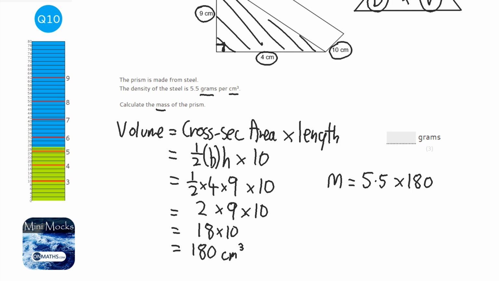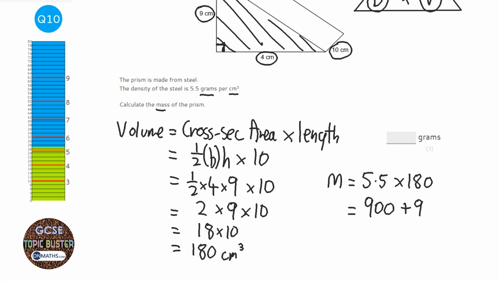So if I have a calculator, I can just type that in. Otherwise I could do 10 times 180, which is 1,800, then halve it, which is going to be 900, and then half times 180, which is 90. So that's 990. So the answer is 990 grams.